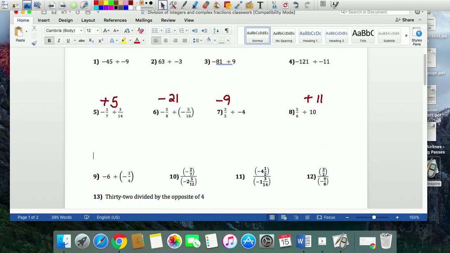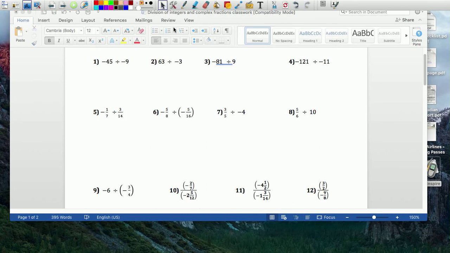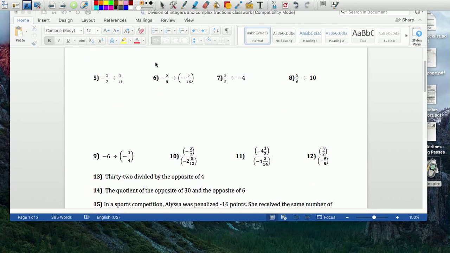Let me get some room. So here, and again, I know it's going to be negative. So let me rearrange this. It's negative 1 over 7 times 14 over 3, right? So I know my answer is going to be negative.